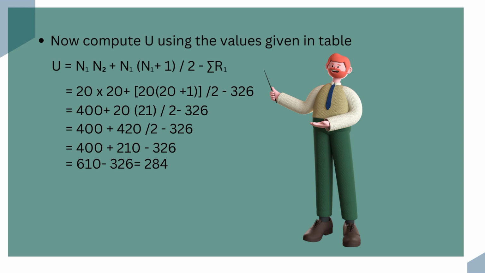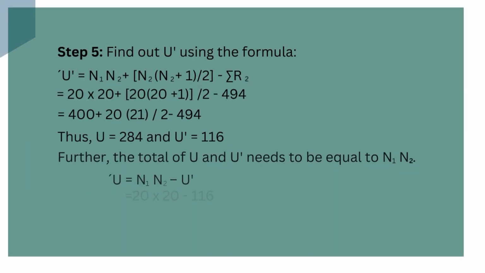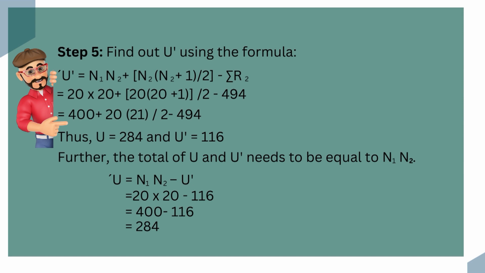Now, let us discuss step 5, and under step 5 we have to find out U dash using the given formula. U dash is equal to n1 into n2 plus n2 (n2 plus 1) divided by 2 minus summation R2.